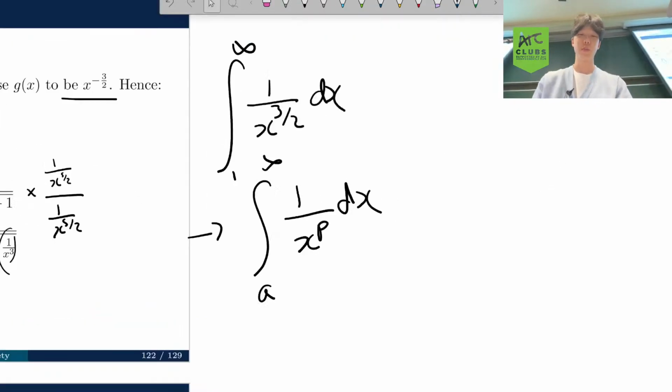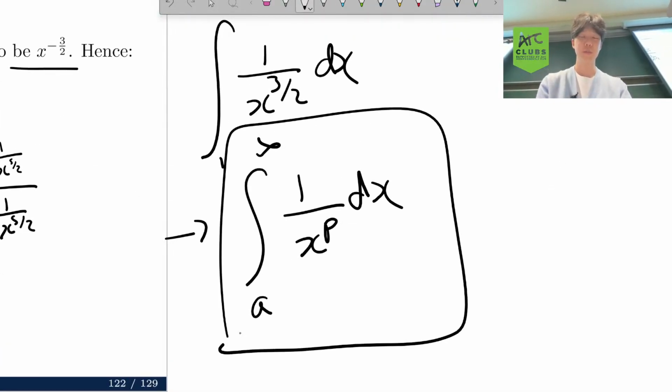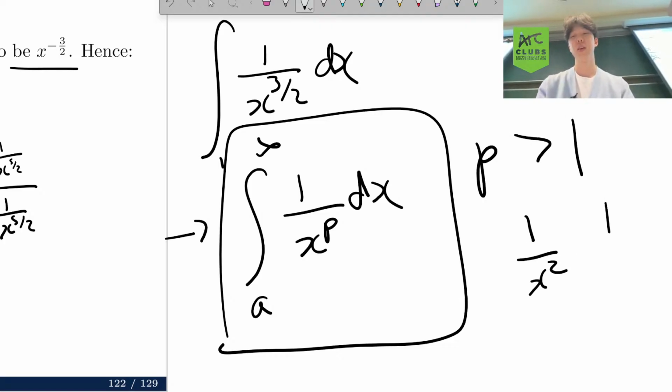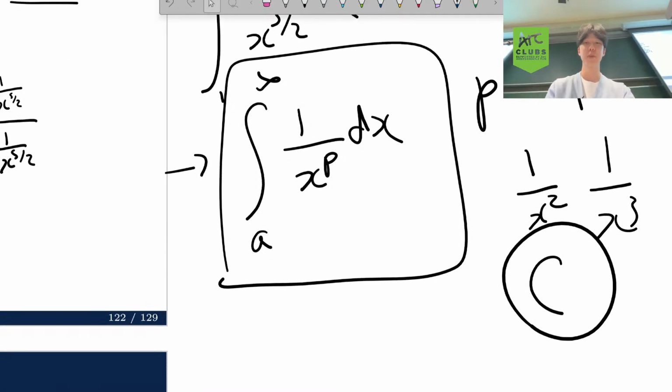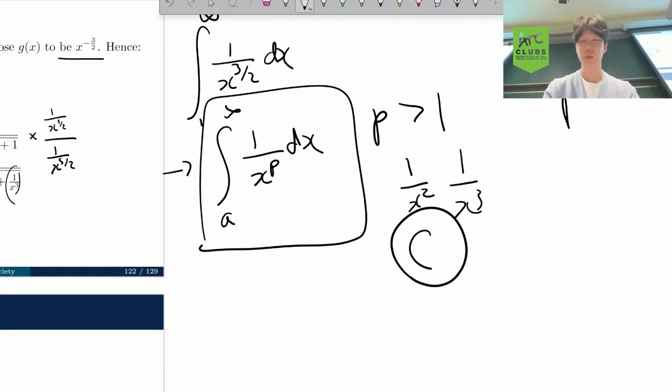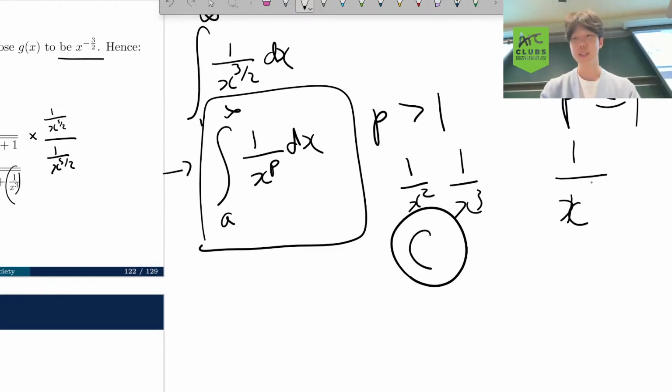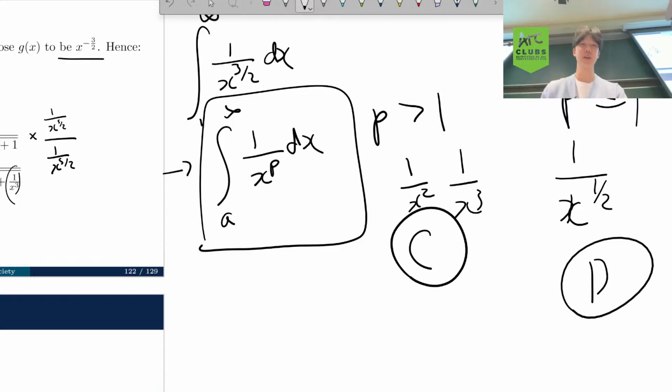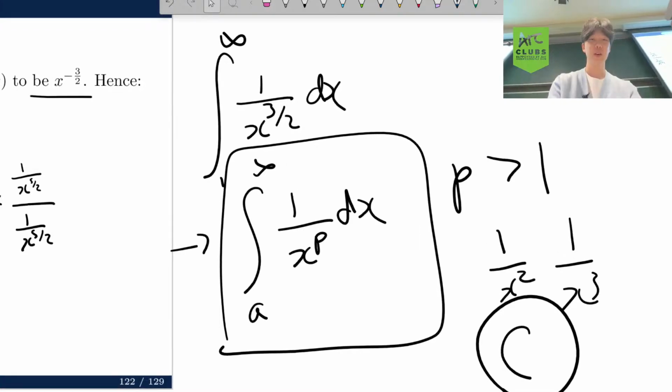And we know for a fact that when p is greater than 1, for example 1 over x squared, 1 over x cubed, it's going to converge. But when p is smaller than or equal to 1, for example 1 over x to the power half, it's going to diverge. And notice, this is our g on the top here.